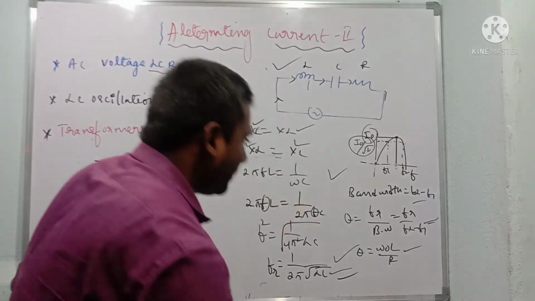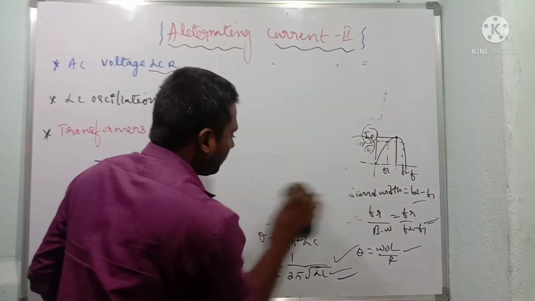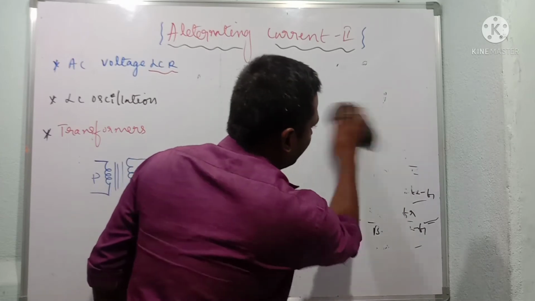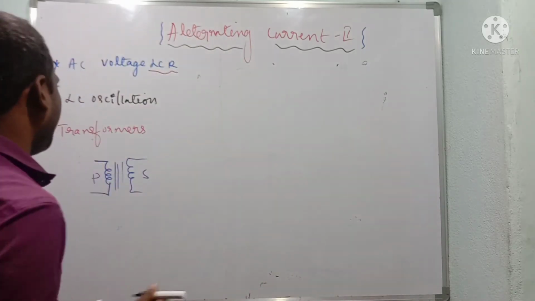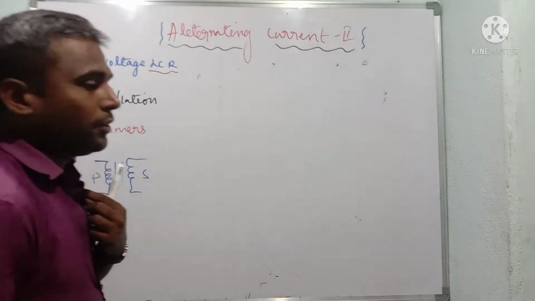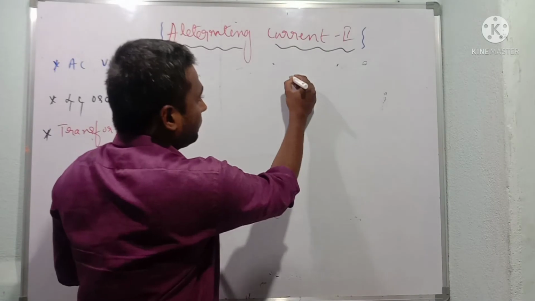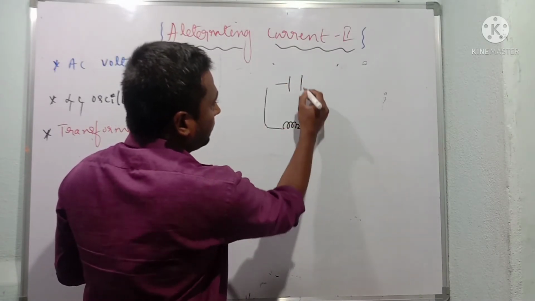So after understanding this, let us go for LC oscillations. So what is LC oscillations? Here we are going to find inductor and capacitors. So let us consider a capacitor. This is the capacitor and connected to inductor.